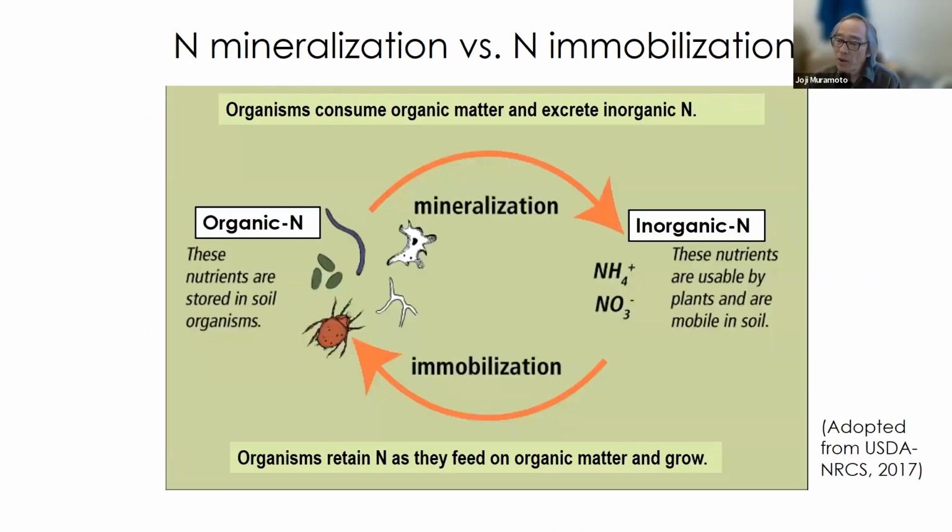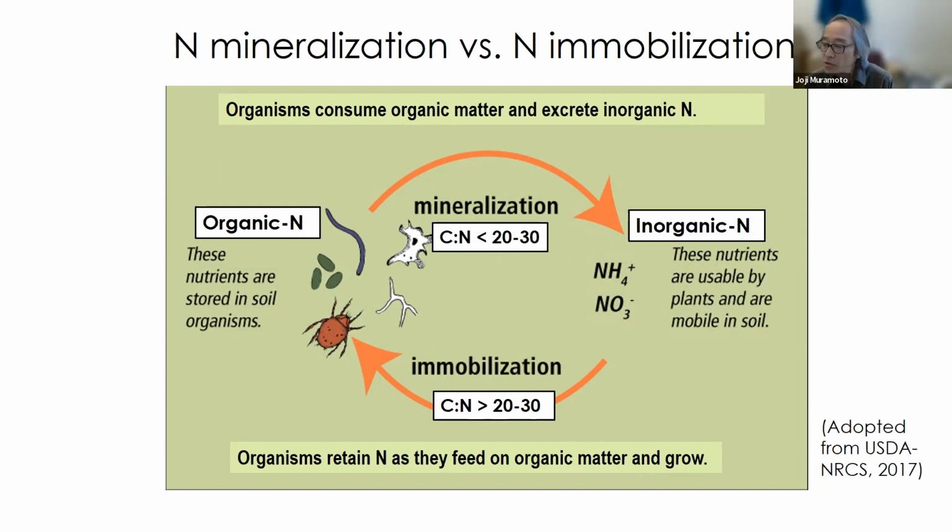This is another way of showing the relationship between mineralization and immobilization. So changing organic nitrogen into inorganic form of nitrogen is called mineralization, and the reverse is immobilization. And the direction is approximately determined by the carbon to nitrogen ratio of the organic amendment.